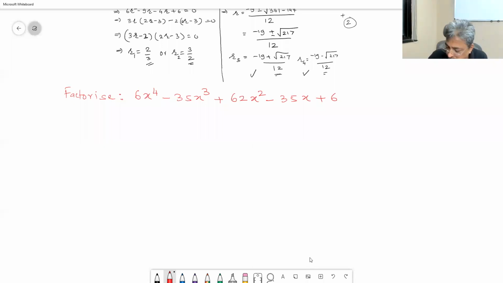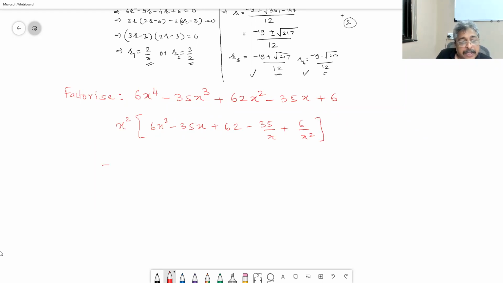Now the technique to be used is the one we used in the earlier problem, but there you had some reciprocals. So let us convert this equation by taking x square common. We get x square inside bracket 6x square minus 35x plus 62 minus 35 upon x plus 6 upon x square.